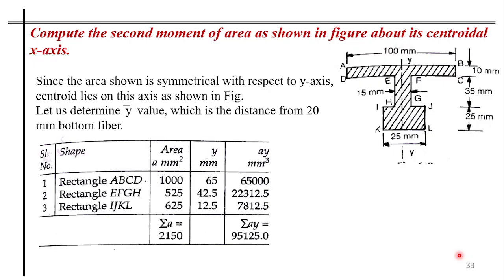So for that, first we need to find out the location of the centroid. Since they have already given the reference axis names, I will not be doing much effort. So that is how I am going to get my y bar.